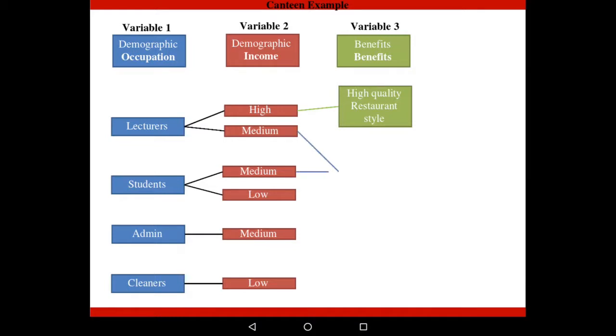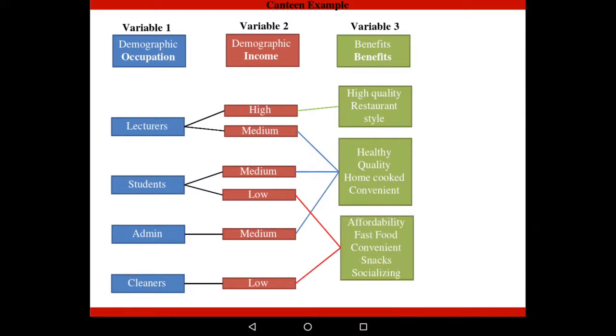All the medium income people will probably just want healthy, quality, home cooked, convenient meals. So they want to go almost like the canteen at the student center where you can buy ready cooked healthy meals and sit and eat there, but you don't have anyone serving you. And then the low income people will probably just want very affordable fast food and snacks where they can also socialize. Okay?